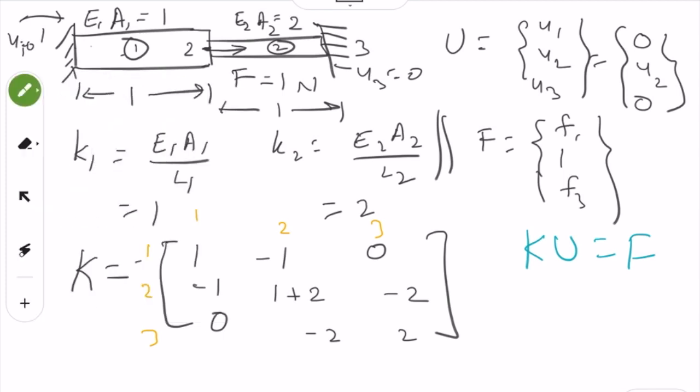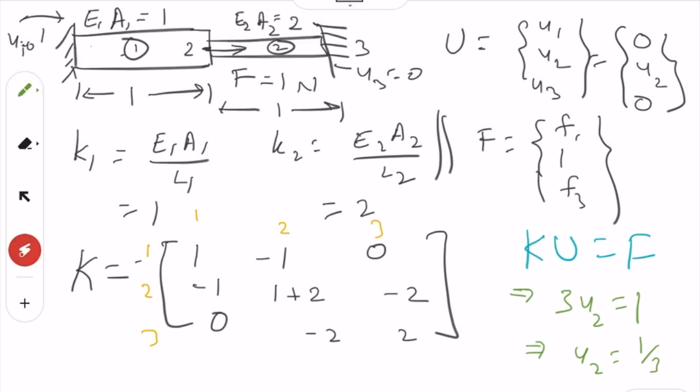We get 3 multiplied by U2, so U2 is equal to F, which is equal to 1, and hence U2 equals 1 over 3. So you got the answer. Once you know this, you can find out the other values.